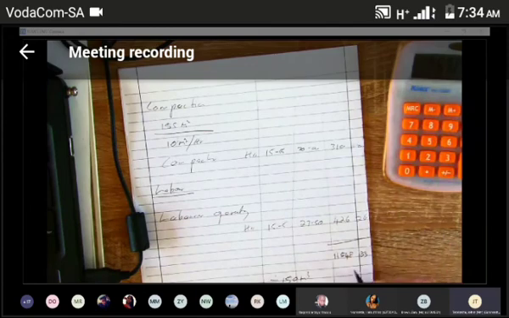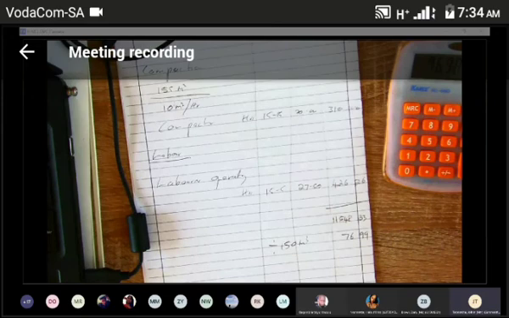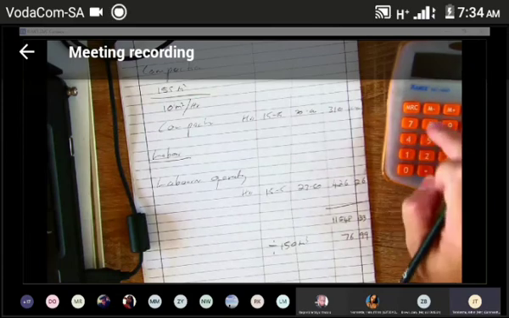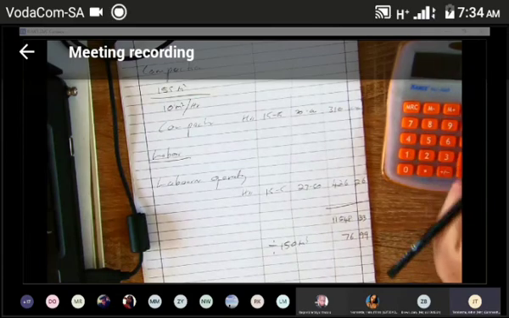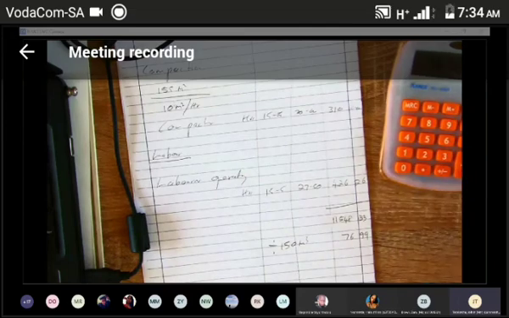So there will be 76 rand and 99 cents. You concur with that? Because I must give my rate per cubic meter. So therefore 11,548.33 divided by 150 gives me 76 rand and 99 cents.